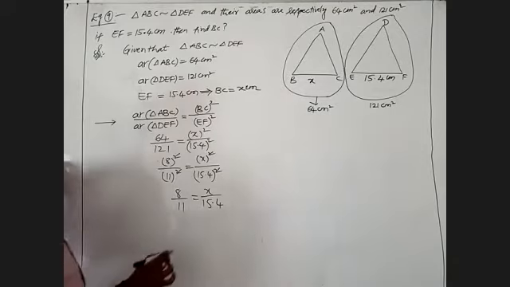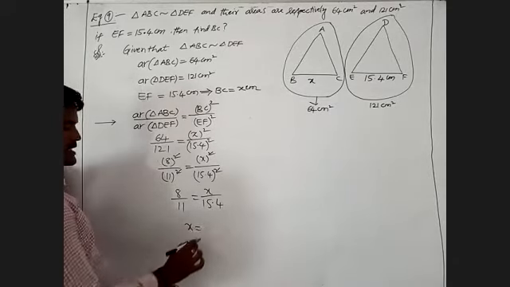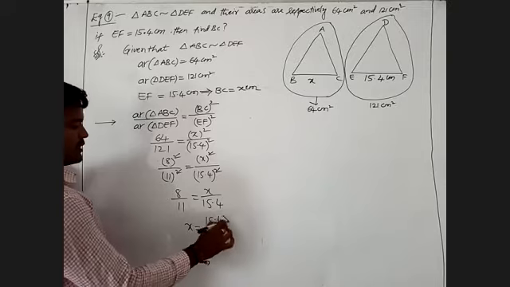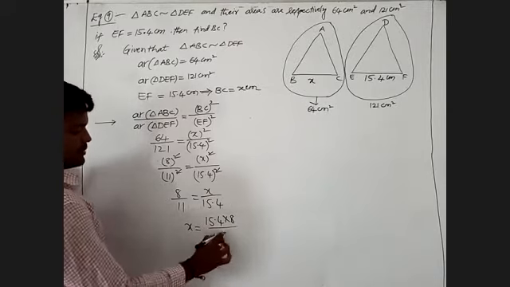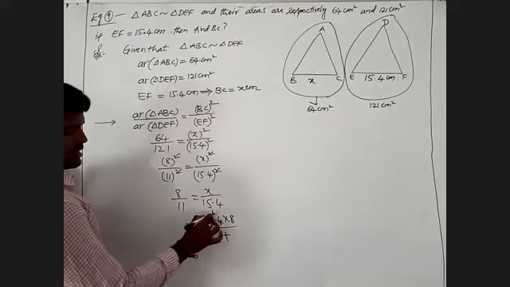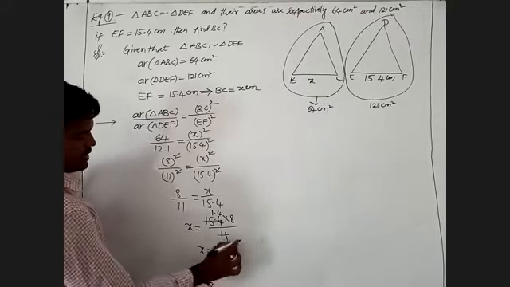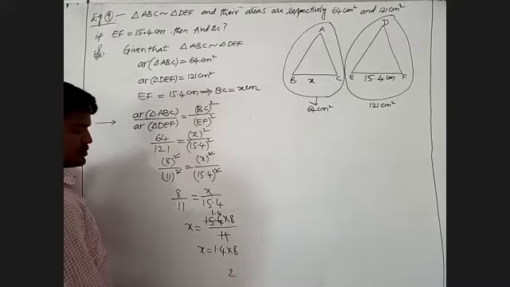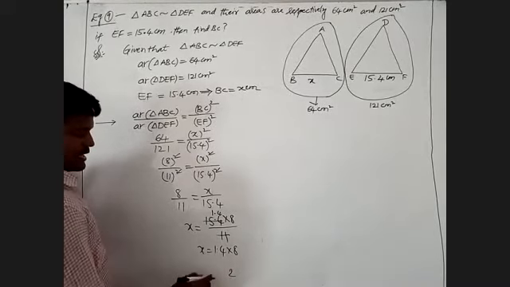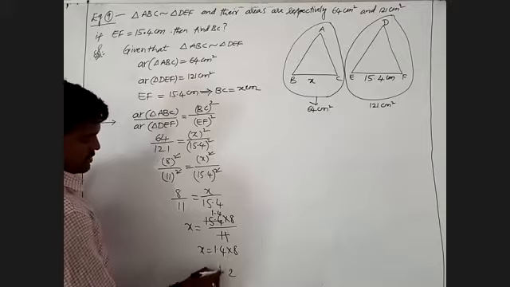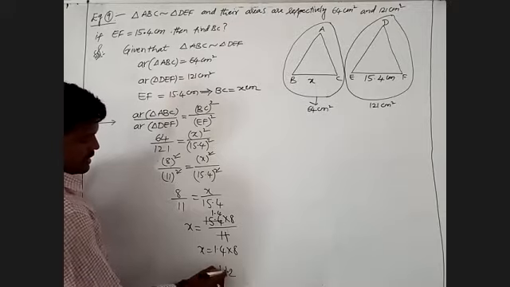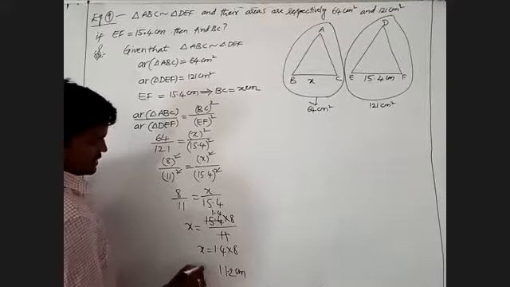By cross multiplication, x is 15.4 into 8 by 11. 11 ones are 11, 11 fours are 44, so that is 1.4 into 8. 8 fours 32, 8 ones 8. That is 11.2 centimeters, the value of x.